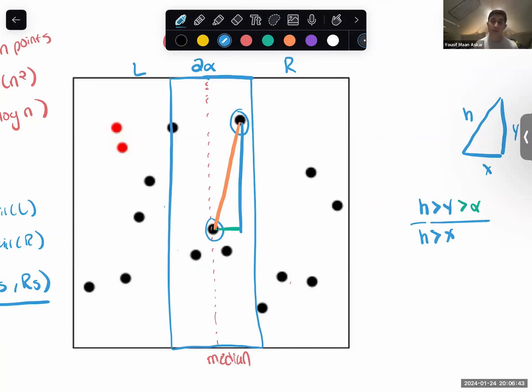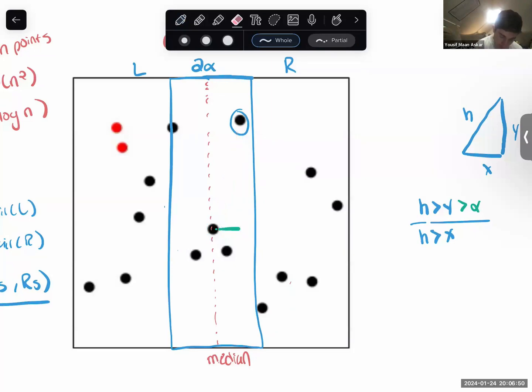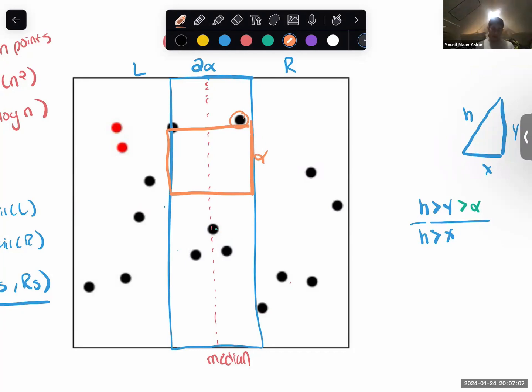So how could we use this understanding to help us limit the number of points we have to consider? Well, for every single point in our box, we create another box. So let's say we're considering that point. We create another box that's alpha in length, like this. So we basically create a box that's 2 alpha by alpha.